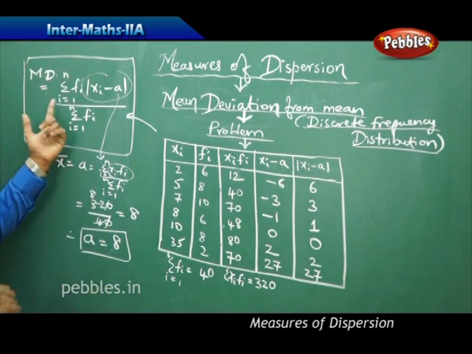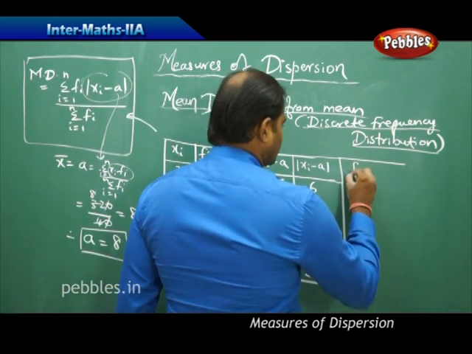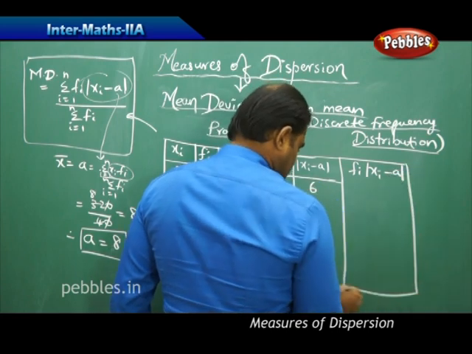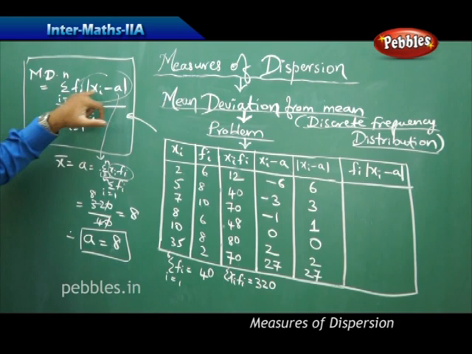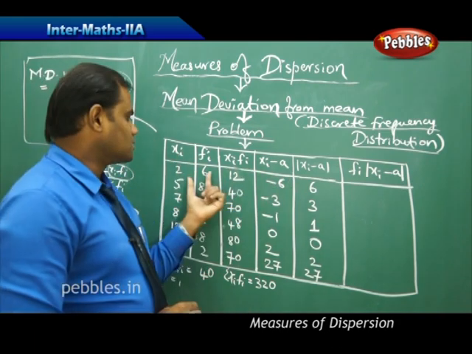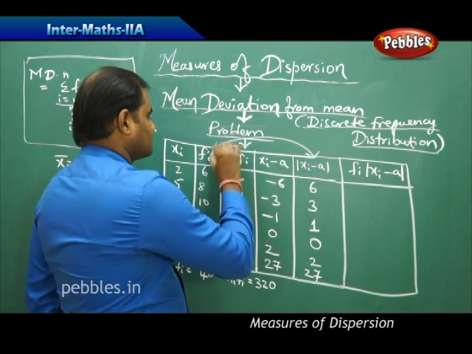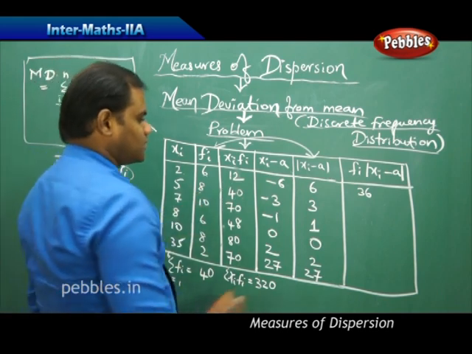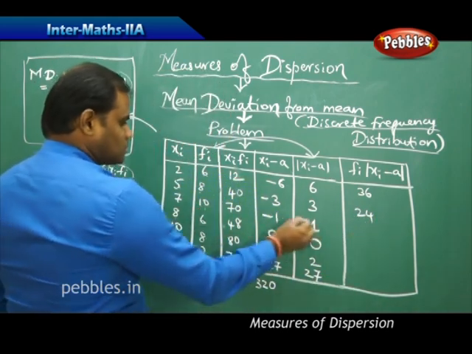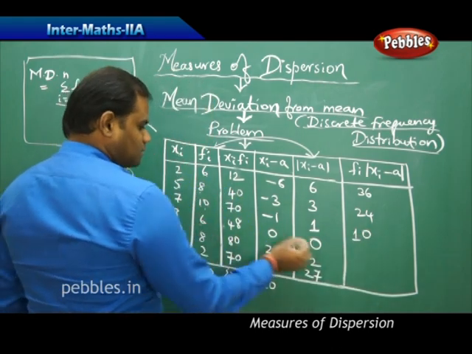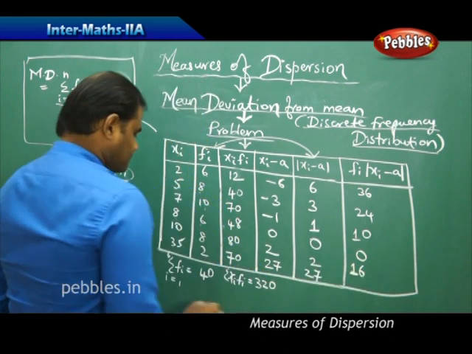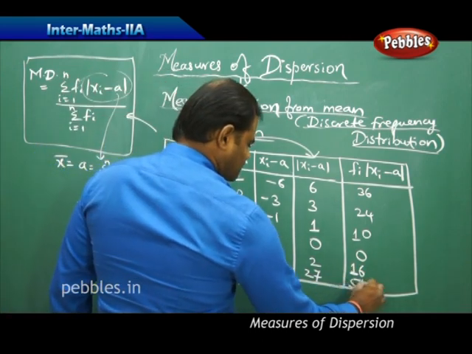Now I also find fi mod xi minus a, which I need to find by multiplying fi with mod xi minus a. So 6 times 6 is 36, 8 times 3 is 24, 10 times 1 is 10, 6 times 0 is 0, 8 times 2 is 16, 2 times 27 is 54.